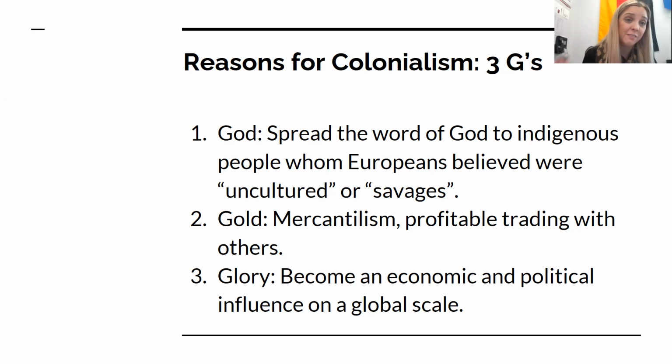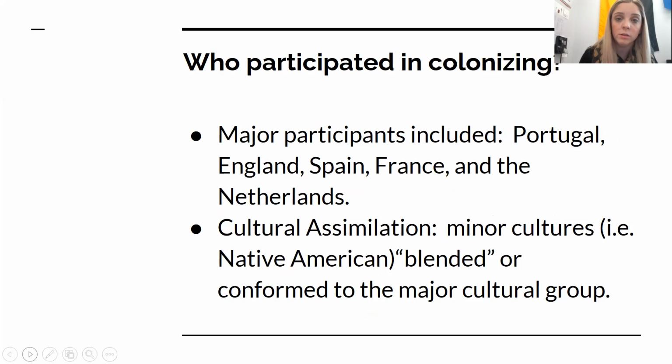And so people had to fight for their independence against European domination. Okay. So who in particular participated in colonizing? Lots of Western European nations, but the major players were Portugal, England, Spain, France, and the Netherlands, or the Dutch.